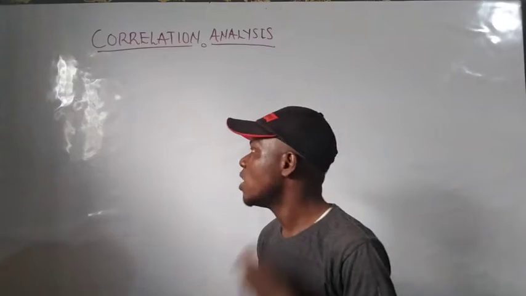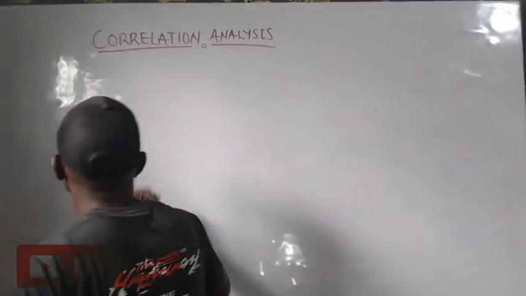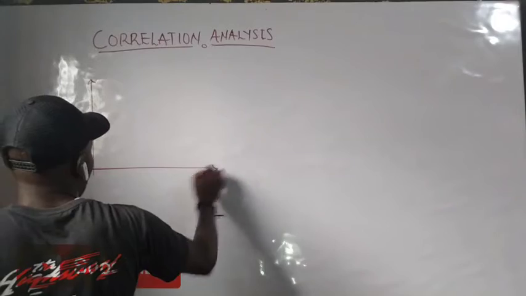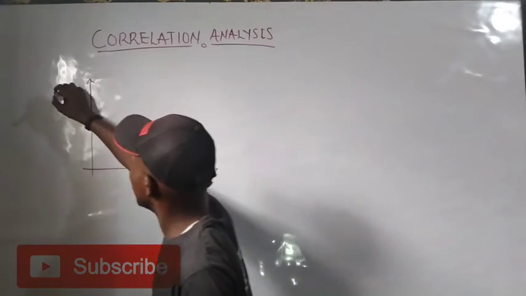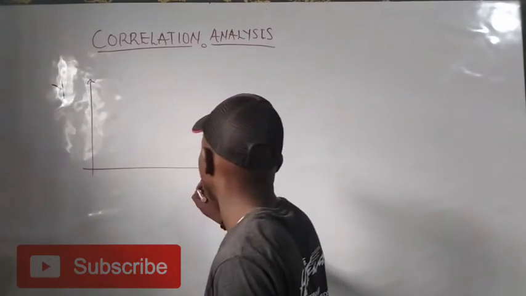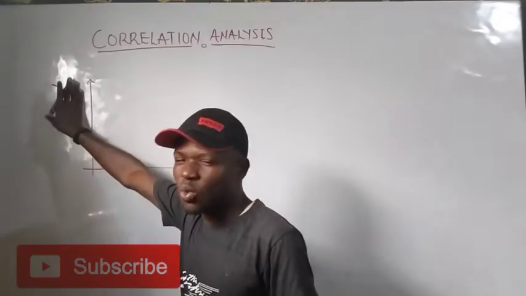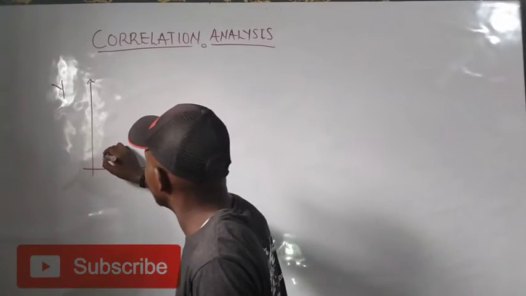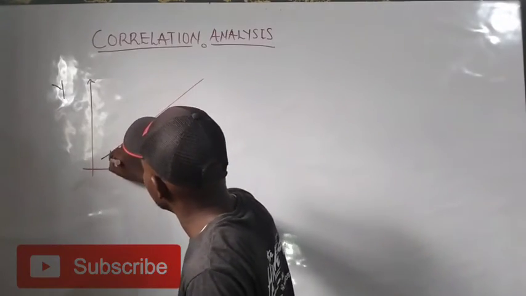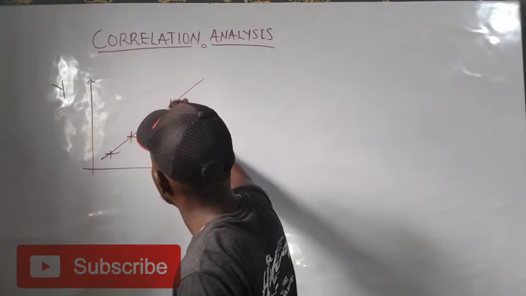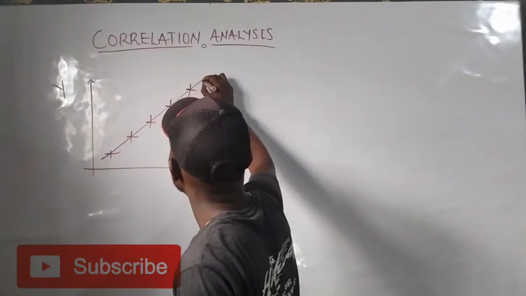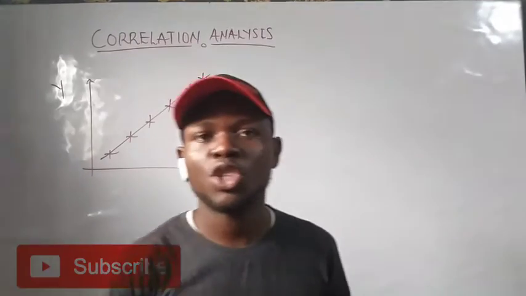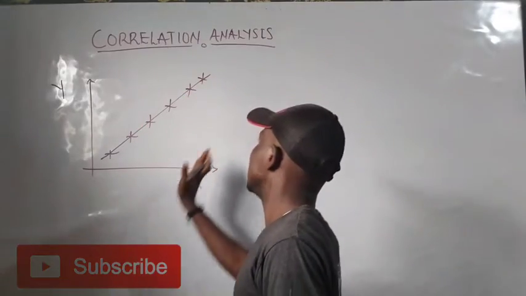For instance, how do I know a perfect positive relationship? Now, I have my Cartesian plane, so that I have my y and I have my x, which can represent anything. You can call it whatever you want. If, after plotting my scatter diagram, I discover that all of these points lie on a straight line, then I am discussing a perfect positive relationship because it goes in the right direction.